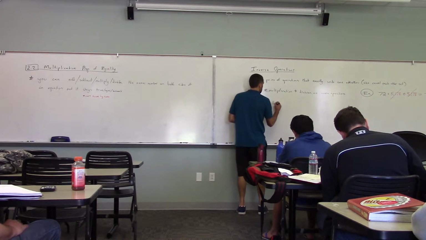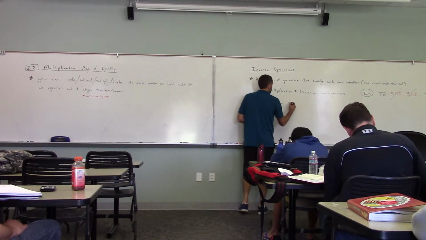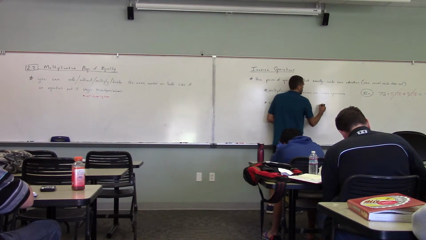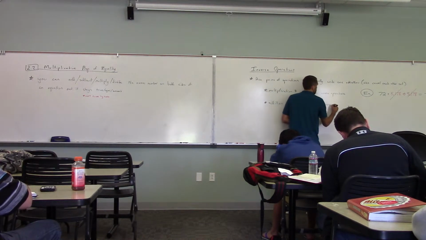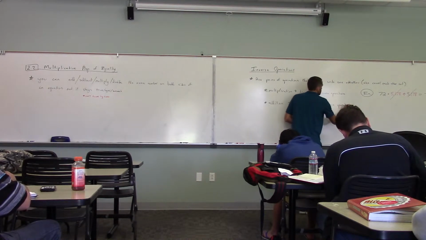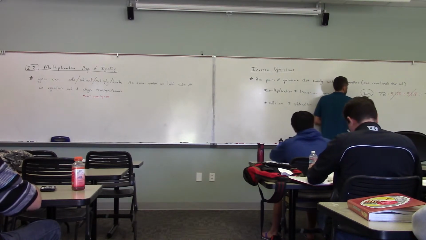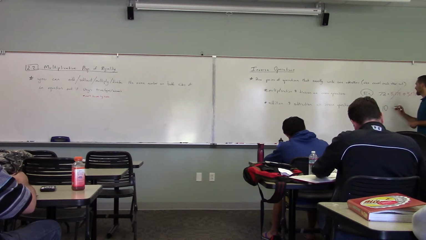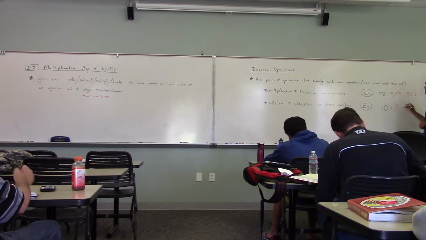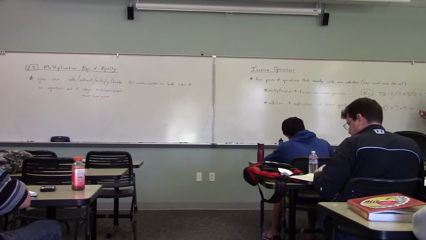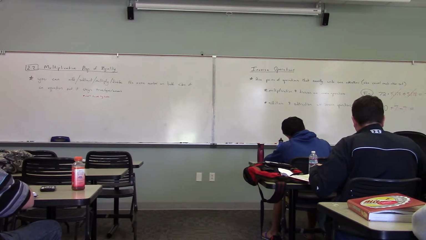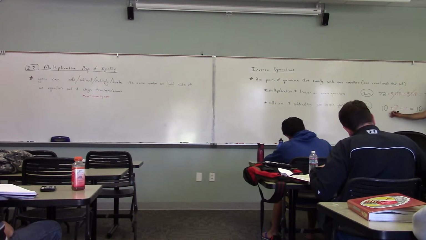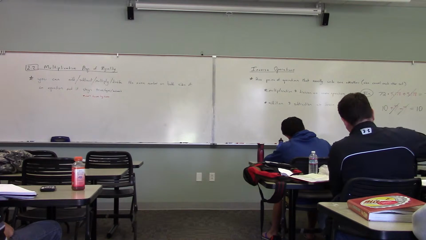So addition and subtraction are inverse operations also. So if I start with 10 and then I add 7 and subtract 7, what do I get? 10, right? Because the adding 7 and the subtracting 7 cancel each other out perfectly.